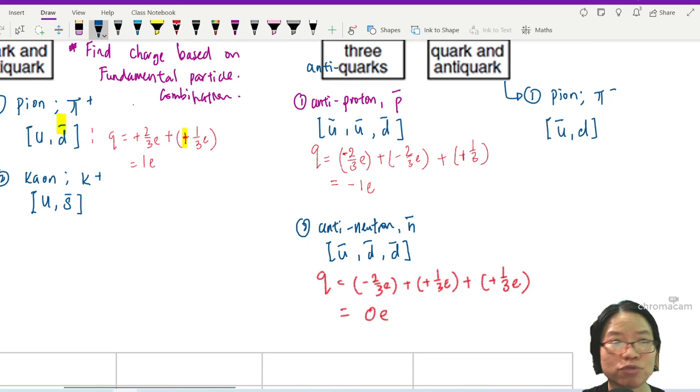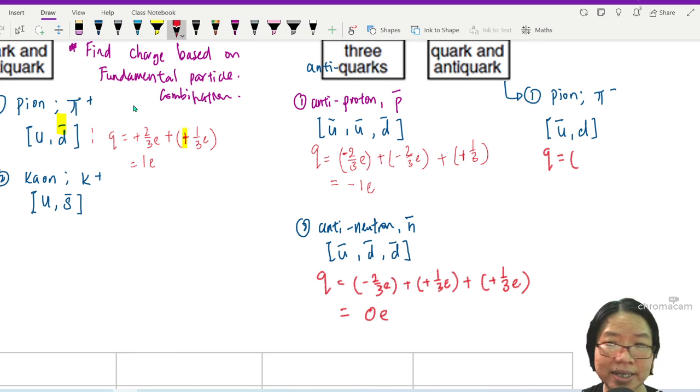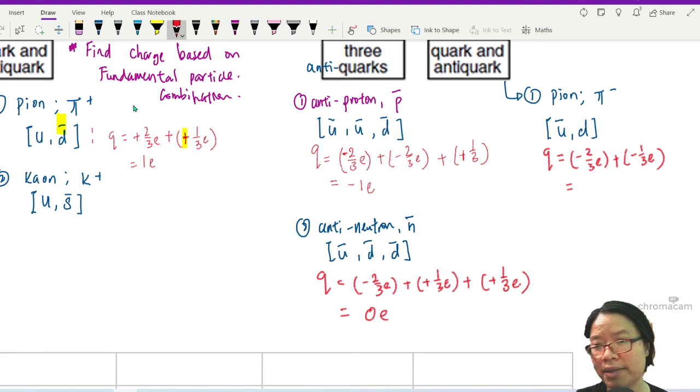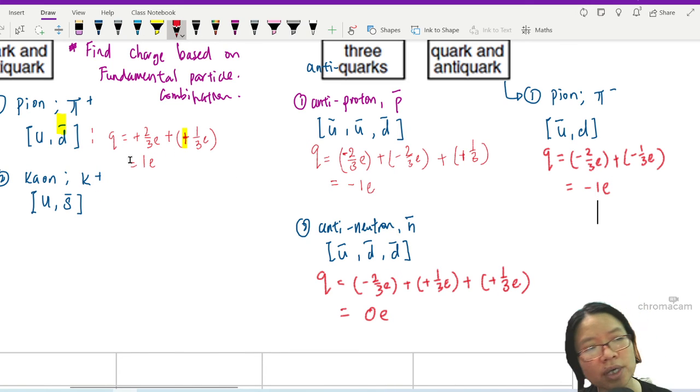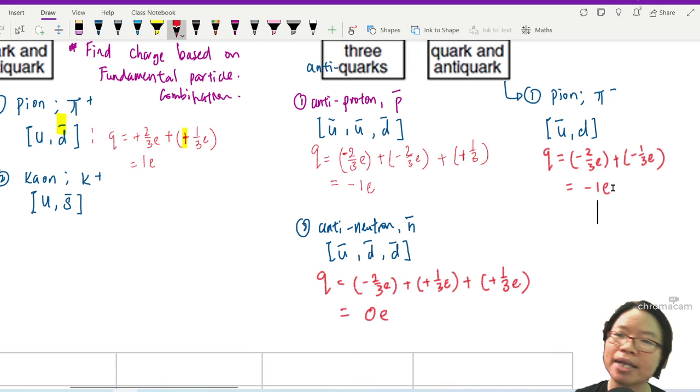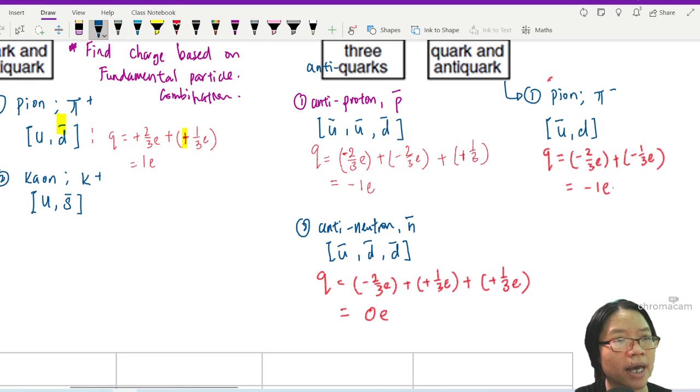And now your charge for this one will be: anti-up is negative 2/3 E, down is negative 1/3 E. So you get negative 1 E. So you see the charge has reversed between pion pi plus and anti-pion pi minus.